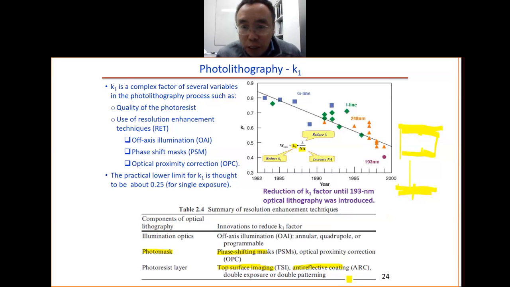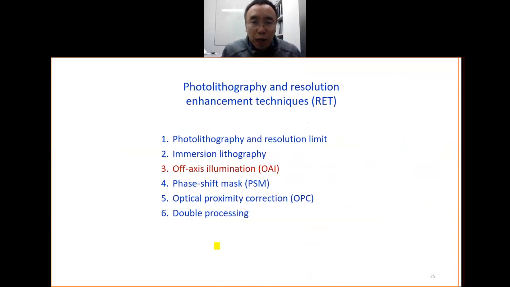So the anti-reflection coating is always utilized for lithography. Then there is double exposure and double patterning. So below we will talk about off-axis illumination, phase shift mask, optical proximity correction, and double exposure and double patterning. The first one is off-axis illumination.